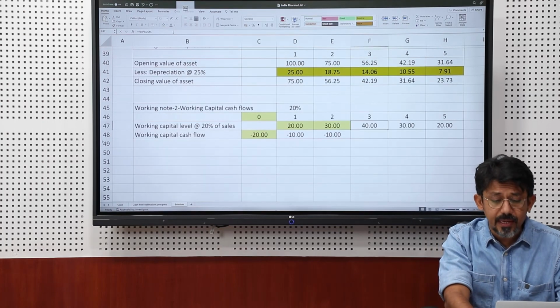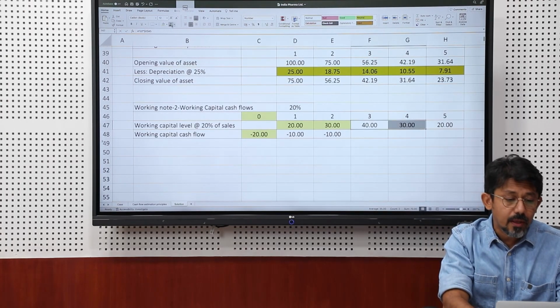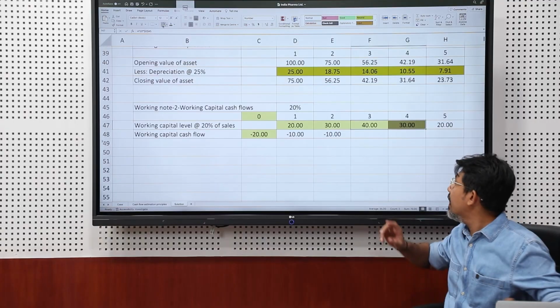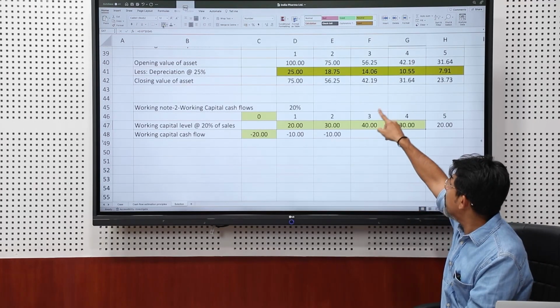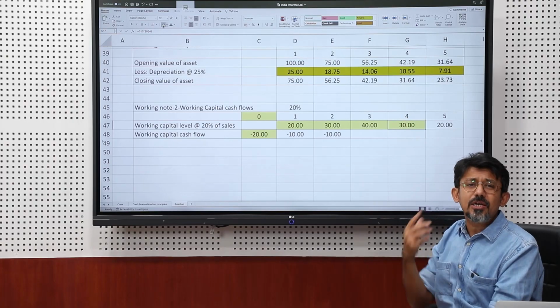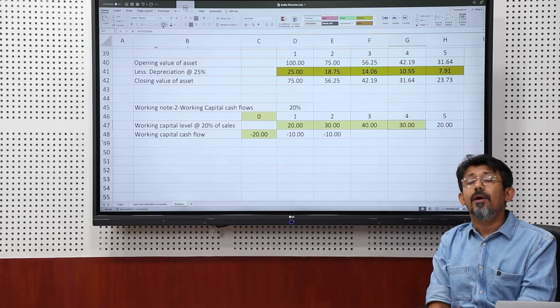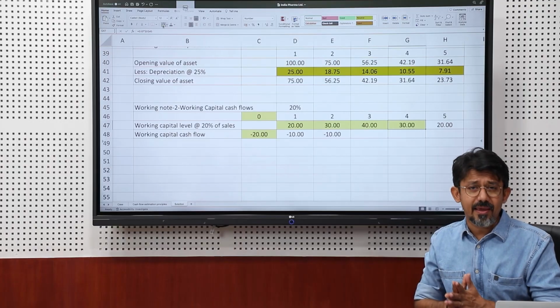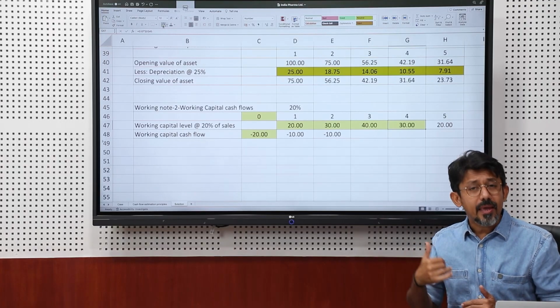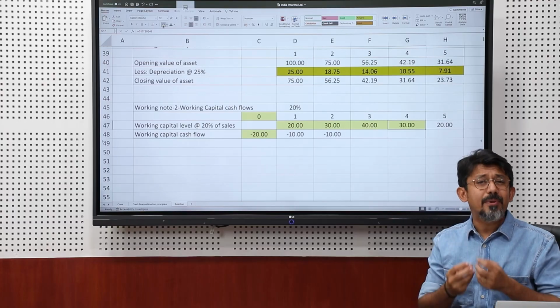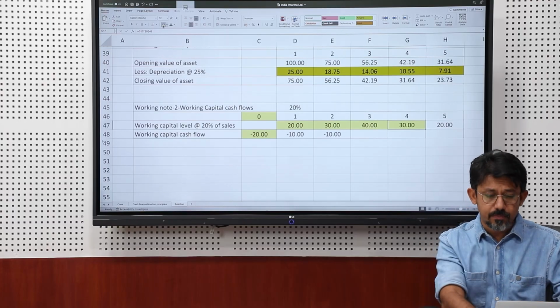Then if you start looking at year 3 and 4, if you mark it carefully, this is not an increase in working capital. From 40 to 30, it is a reduction in working capital. A reduction or a decrease in working capital is not a cash outflow, it's a cash inflow, because some working capital is being released from the system, right.